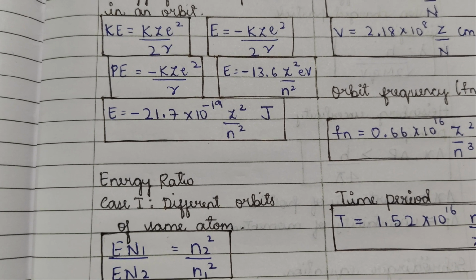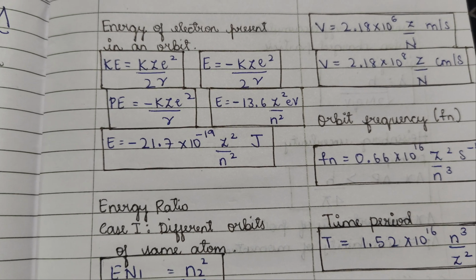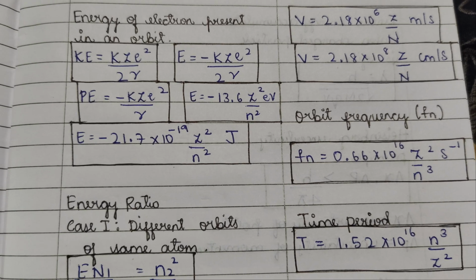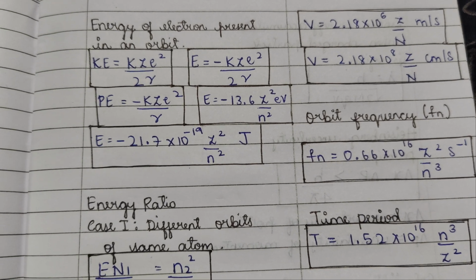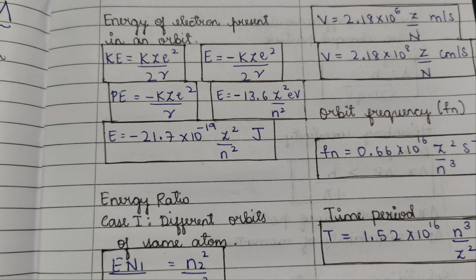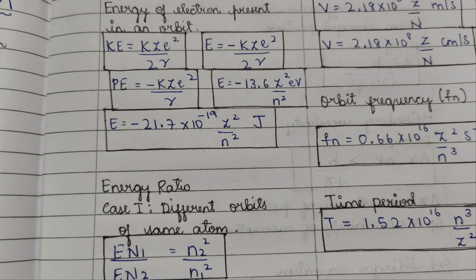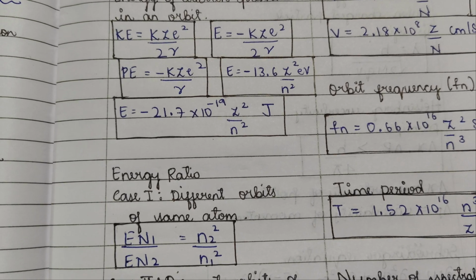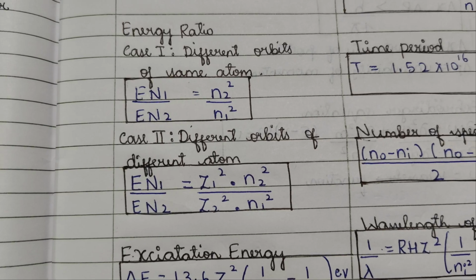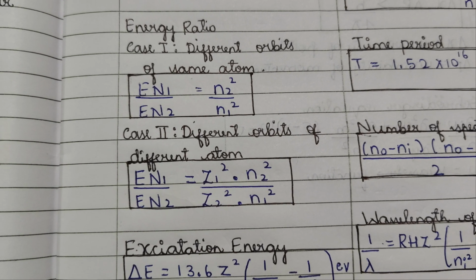If they ask problems, most probably they will ask based on these two formulas only: E is equal to minus 13.6 z square by n square, and E is equal to minus 21.7 into 10 power minus 19 z square by n square. Energy ratio. Case 1: different orbits of the same atom.